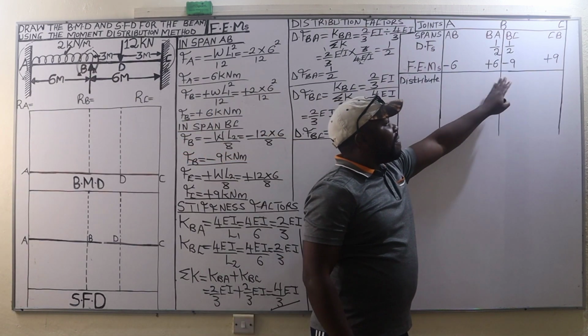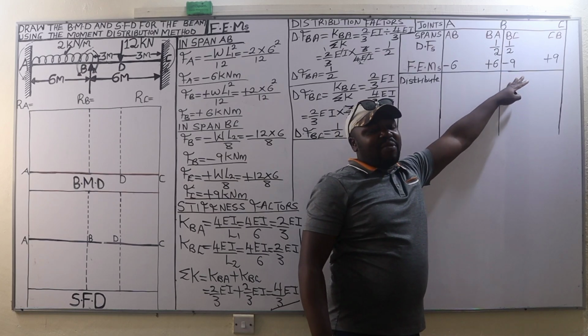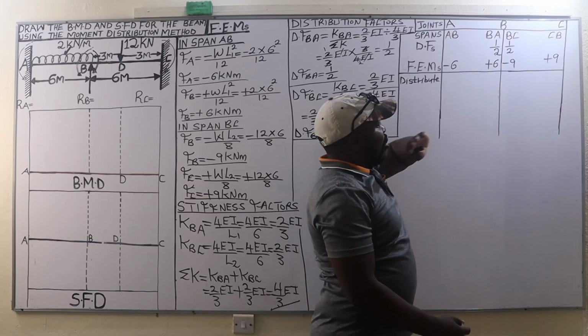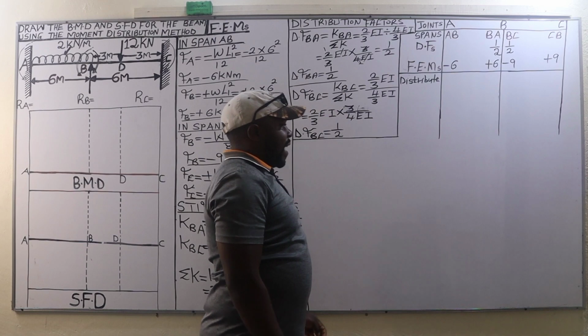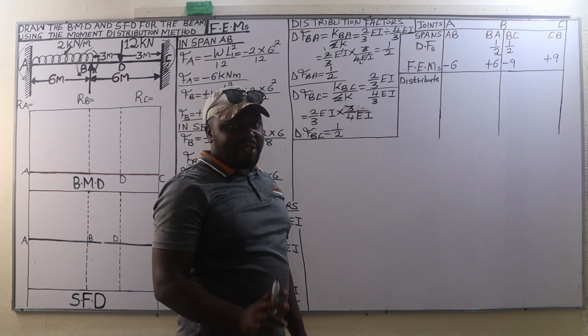So here we have an excess moment of positive 3. Why positive 3?